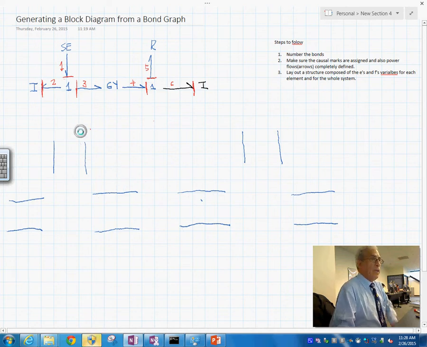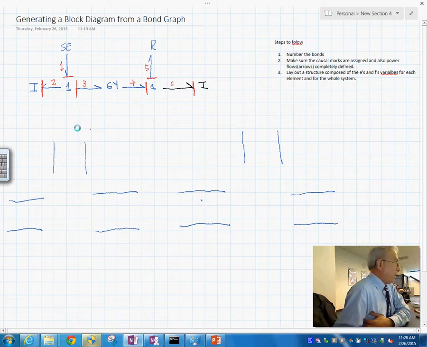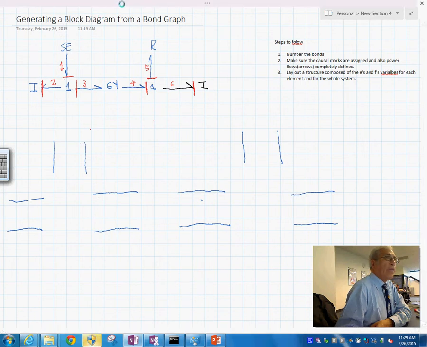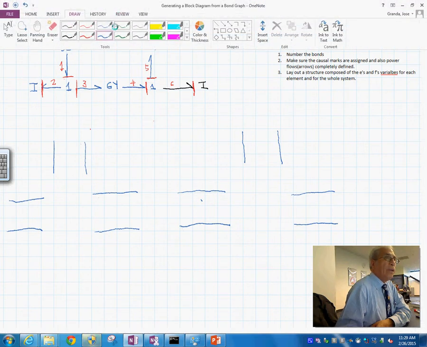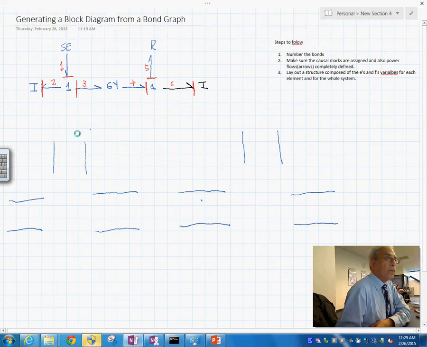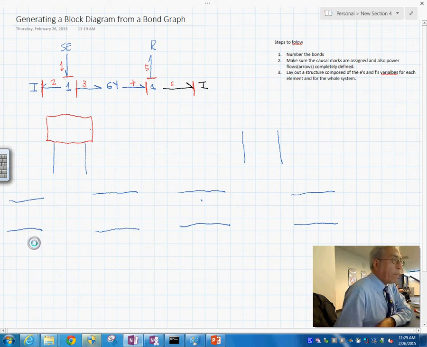The easiest one of these is obviously the source. So what I would do is create a source that has this kind of ending. One thing we want to do is to put the efforts on the top, the flows on the right, efforts on the left, flows on the right.